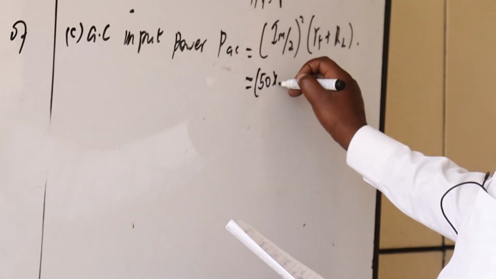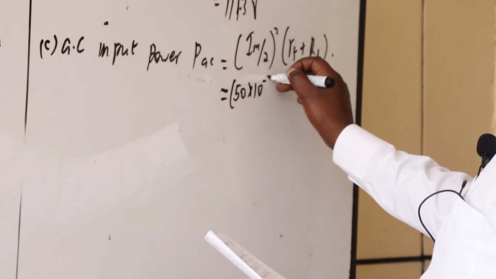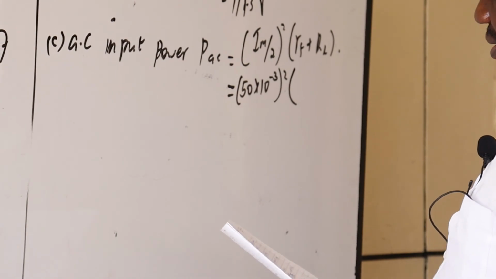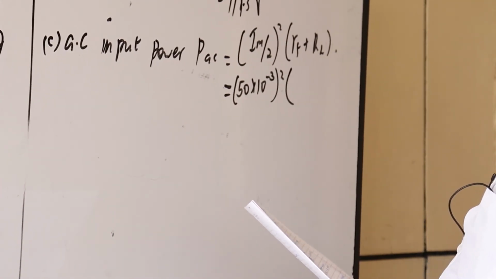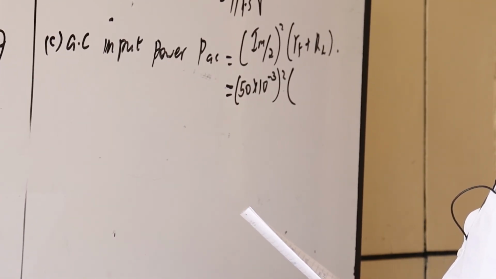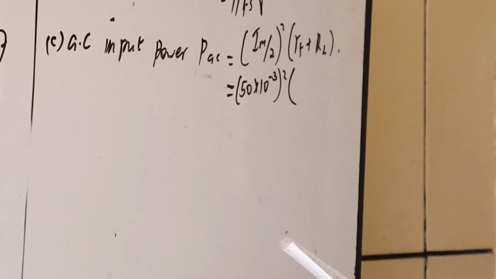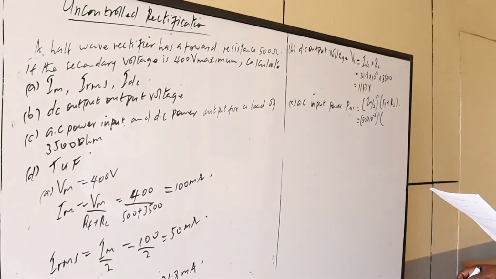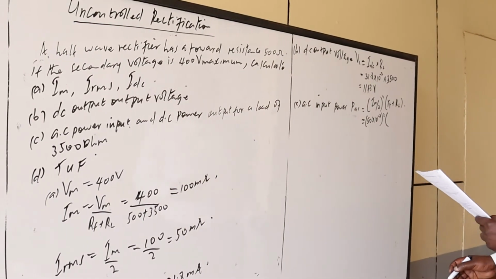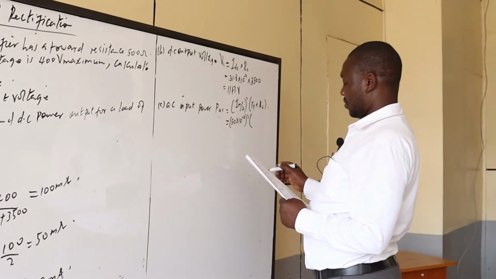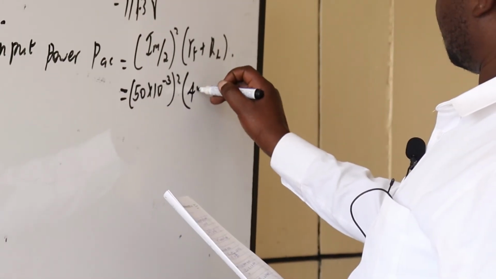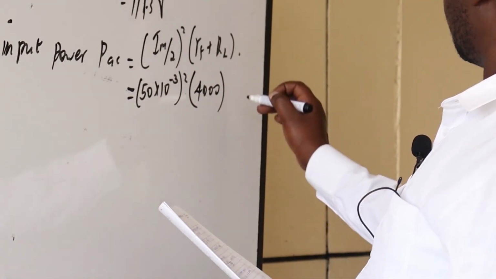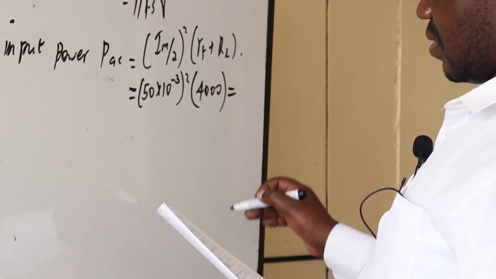So 50 times 10 power negative 3 squared times 4,000, which is 500 plus 3,500. It gives us 10 watts.